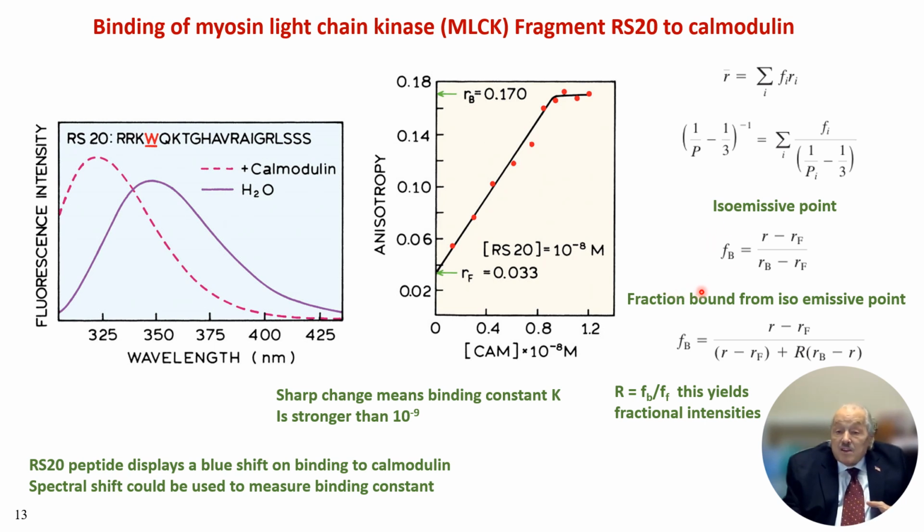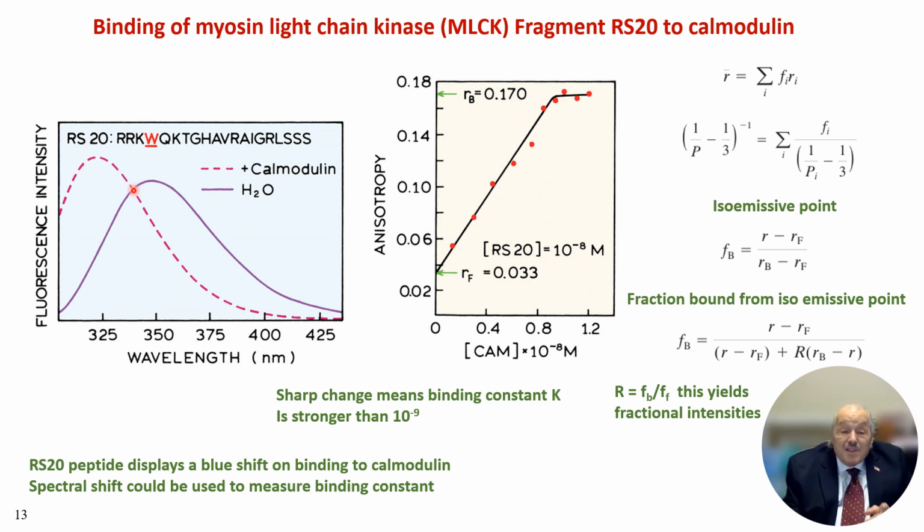There are equations where you can calculate the fractional bound from the beginning and ending anisotropies. Again, it's easier than using polarization. And this is at the isoemissive point. This was really tricky. They could use this easy equation because they measured the anisotropy right here.